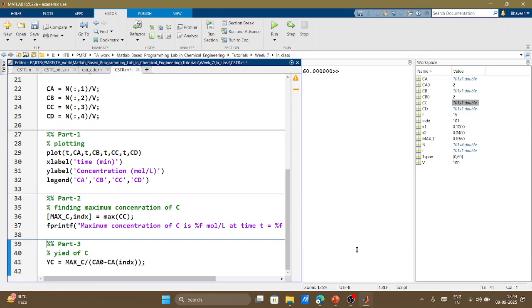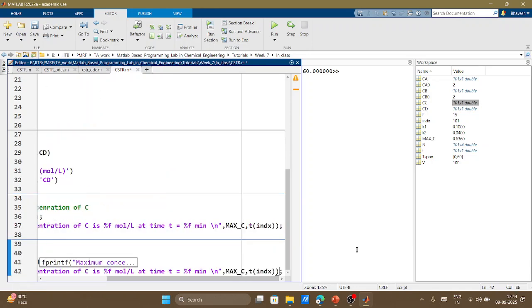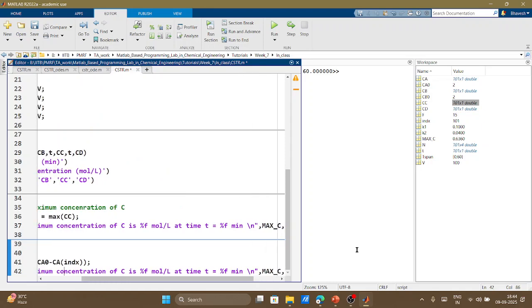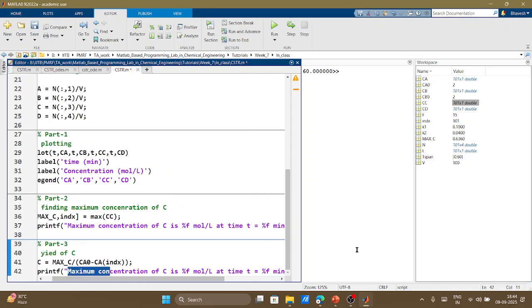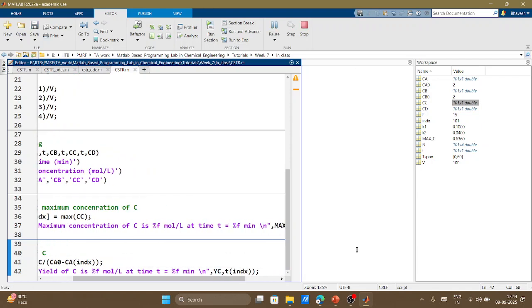Okay. And then you can simply print this data, that yield of C is this much. This will become your YC and time index, and let's run it.